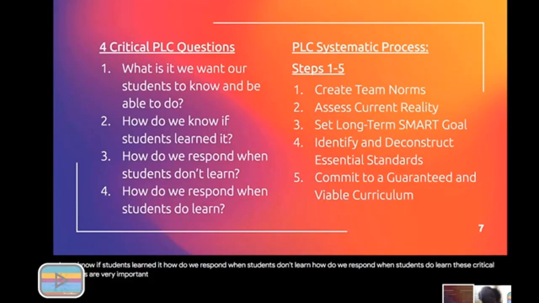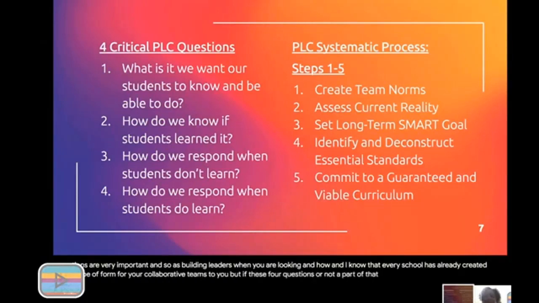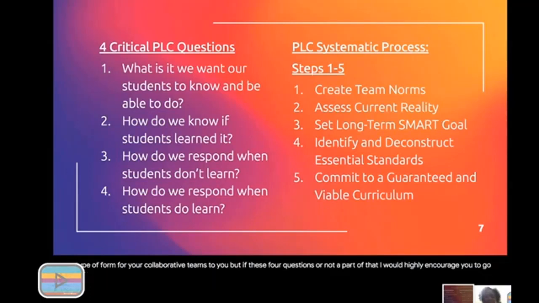And so as building leaders, I know that every school has already created some type of form for your collaborative team to use, but if these 4 questions are not a part of that, I would highly encourage you to go back and make adjustments to that so that you can see that you are working toward this.